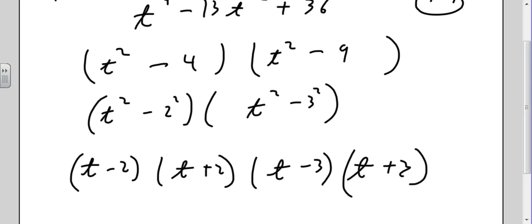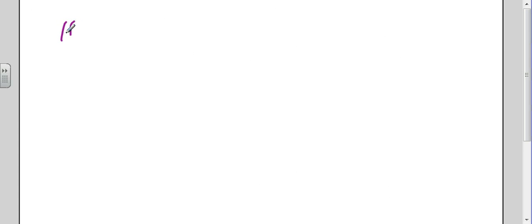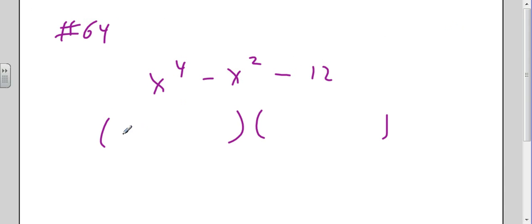64, and then we'll take attendance. Number 64. X to the fourth minus x squared minus 12. All right, so that's going to factor x squared, x squared. I look at the 12. 1 times 12, that doesn't do any good. 3 times 4.